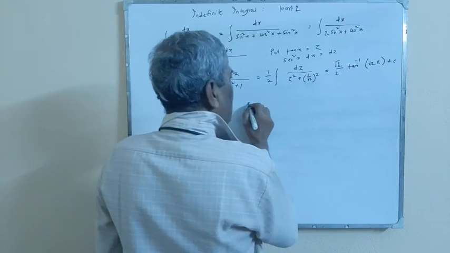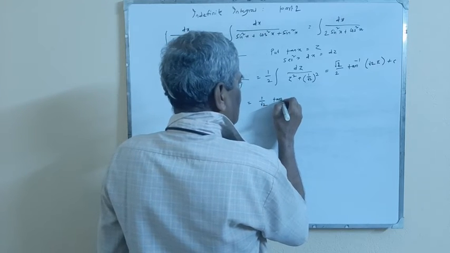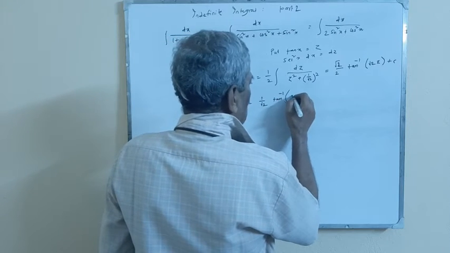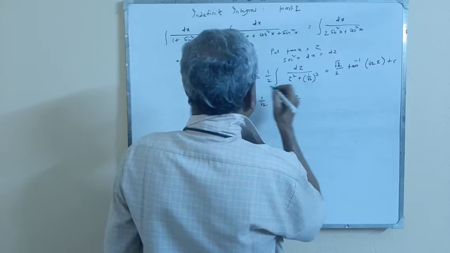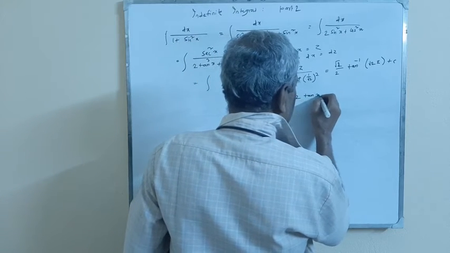So it is equal to 1 by root 2 tan inverse root 2 z, which means root 2 tan x, plus c.